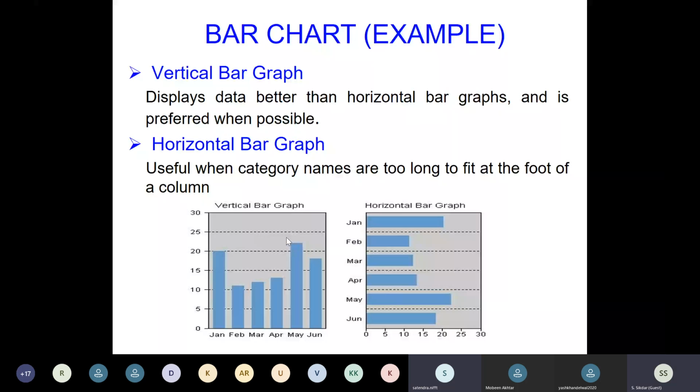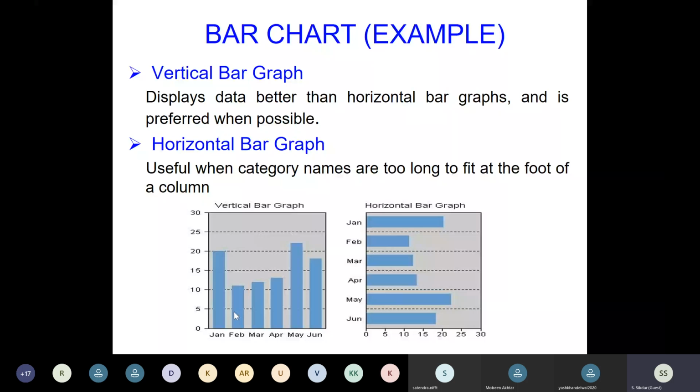Right. In a histogram, you always deal with data of the same category. That's why you will see that one is attached to the other in a histogram, whereas in the bar chart there is always some separation because they belong to different categories.